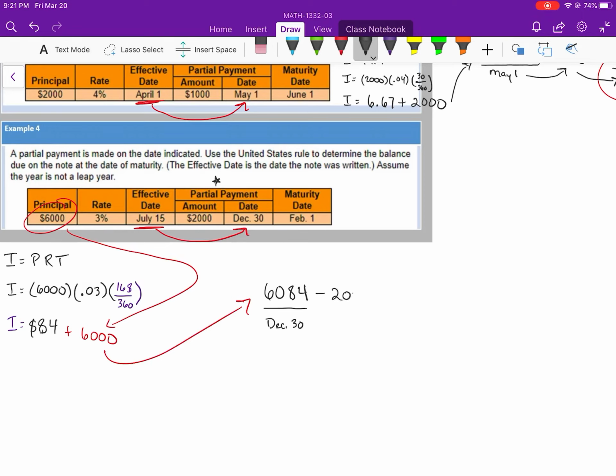But there happens to be also a $2,000 payment being made on December 30th. So that comes out to $4,084 after the partial payment on December 30th. Alright. We're about halfway there.